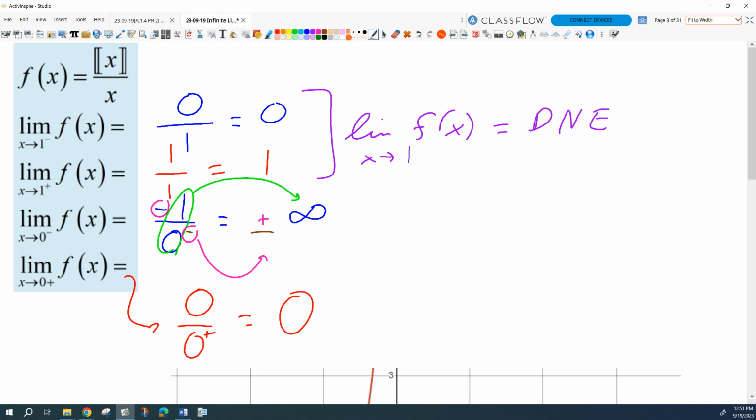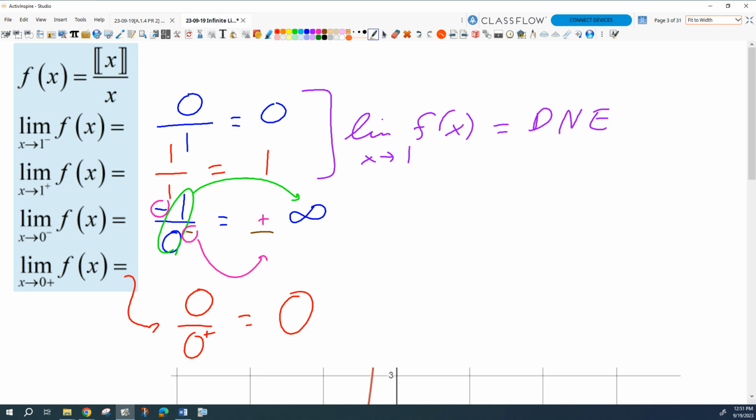You see why? Because the bottom is not 0. It's approaching 0, but the top is 0, and therefore the quotient is equal to 0. Does the bottom ever get to 0? Never does, right? Because it's a limit. So I never actually end up getting a 0 on the bottom. I just approach 0.